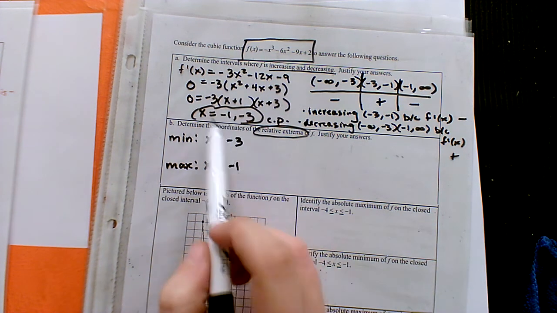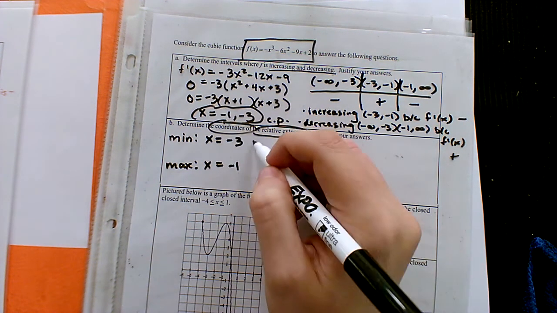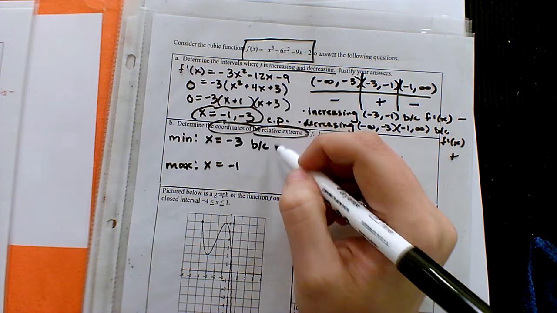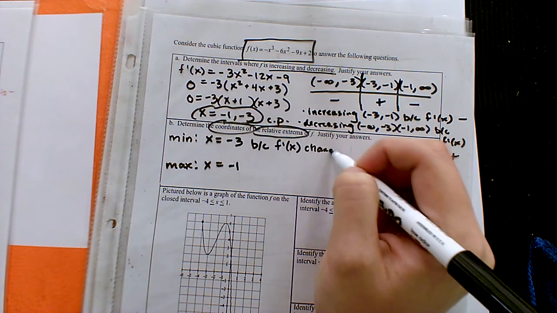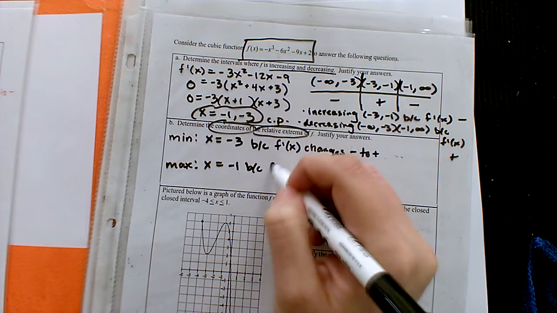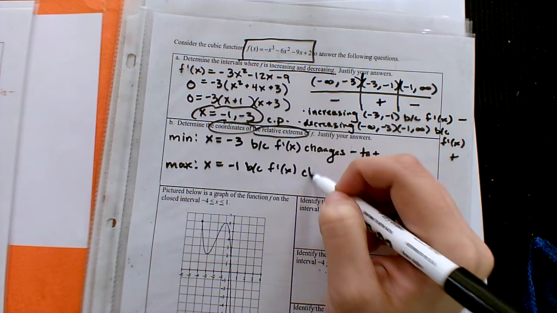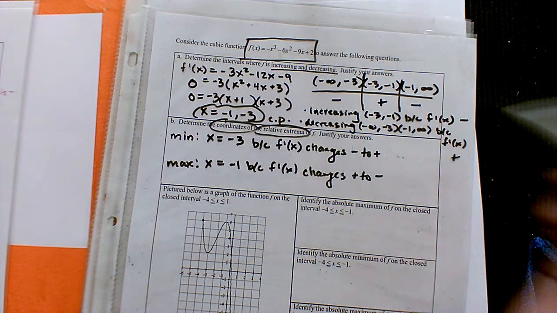Okay, but they want the coordinates, meaning x and y. Oh, no, we can do it. We'll say because f prime changes negative to positive, because f prime changes positive to negative.